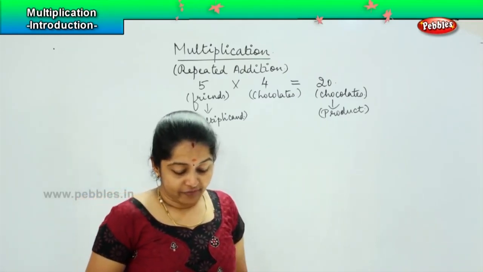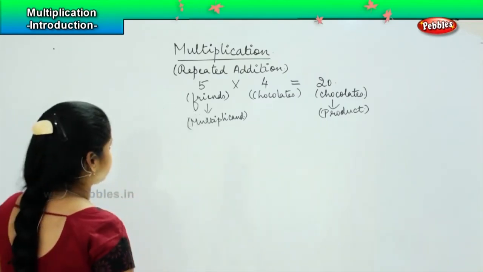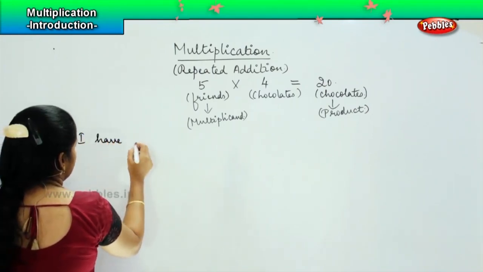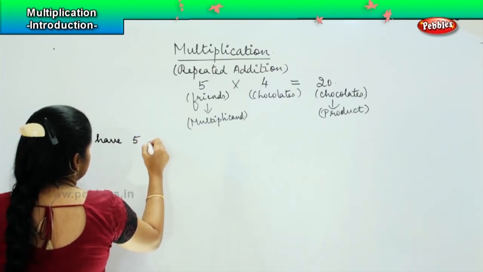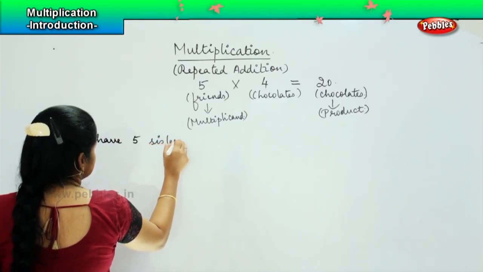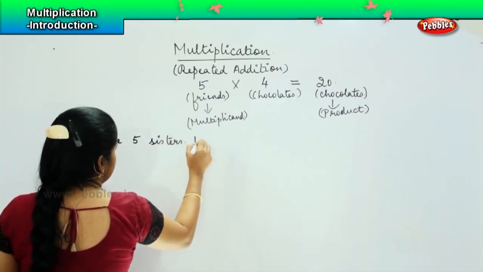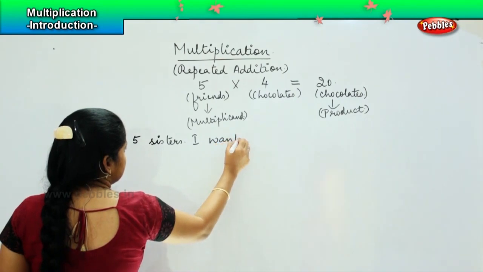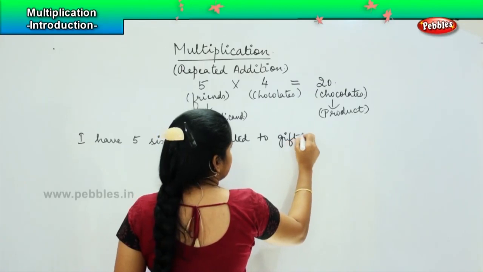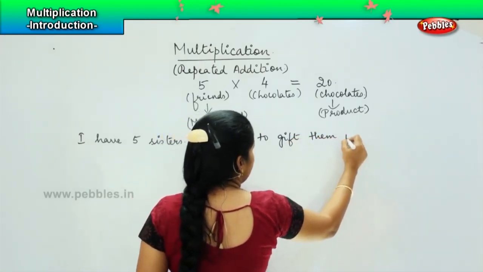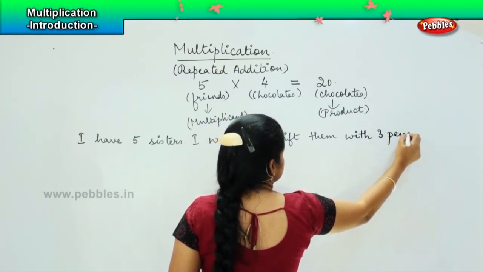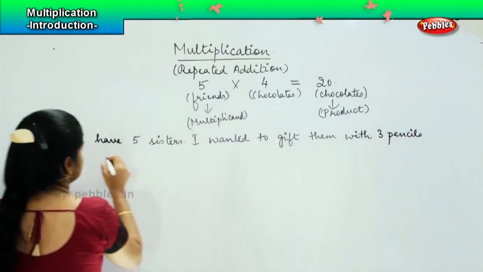Okay. Now, say for example, I say I have 5 sisters. I wanted to gift them with 3 pencils each.